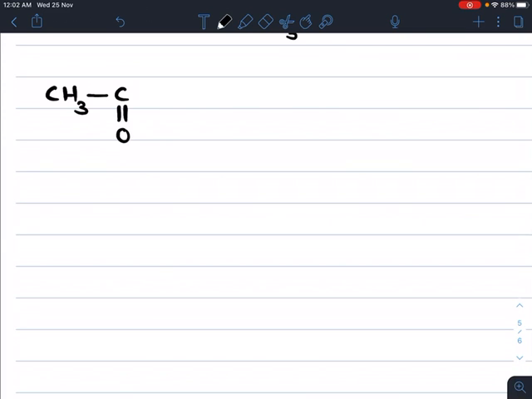When an aldehyde or ketone contains the CH3CO group, the methyl ketone group, where CH3 is the methyl group and CO is the ketonic group, then this aldehyde or ketone undergoes the haloform reaction.